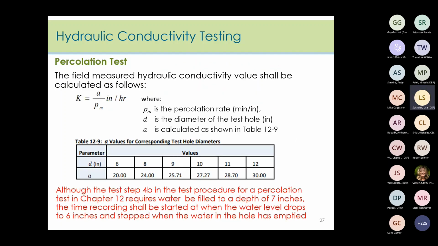For the perc test, follow the procedures that are described in Chapter 12, and the field measured hydraulic conductivity value shall be calculated using this simplified equation, and that's also in Chapter 12. All right, you want to take note that although test step B in the test procedure for a perc test requires you to fill the water to a depth of 7 inches, the time of recording starts once the water level drops to 6 inches and then is stopped when the water in the hole has emptied.